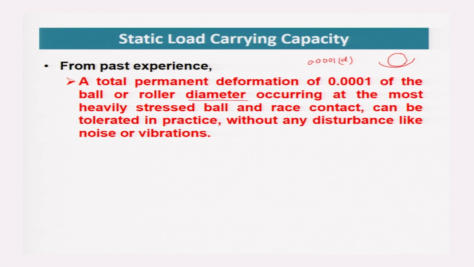Initially there will be a point contact in the case of a ball, and in the case of a roller there will be a line contact. Now, under static load condition, if some deformation has taken place in the ball, then this point contact will become a surface contact, and due to that, when this ball rotates, there will be a lot of noise and vibration.